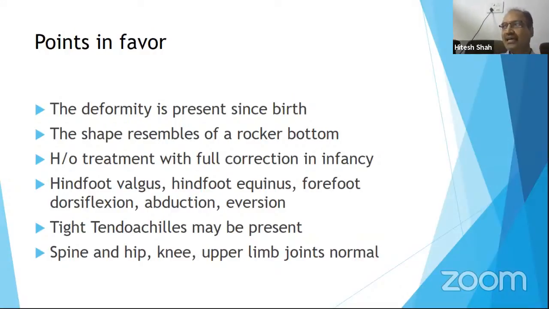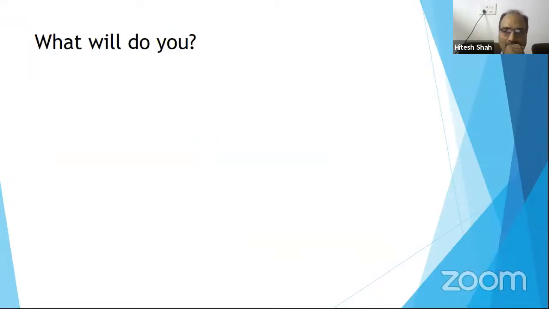If it is abnormal, you can say non-idiopathic. If there is contracture of multiple systems, you can say multiple congenital contractures. If the spine is abnormal, you can say underlying spinal dysraphism, which includes spina bifida also. If swelling is present, you can say spina bifida. If swelling is not present, you can say spinal dysraphism. Okay, what will you do?